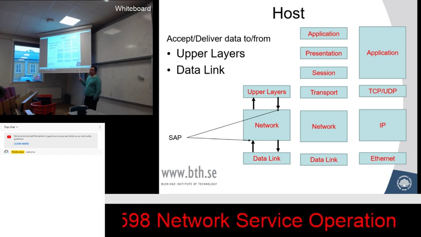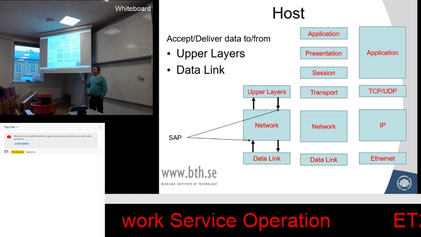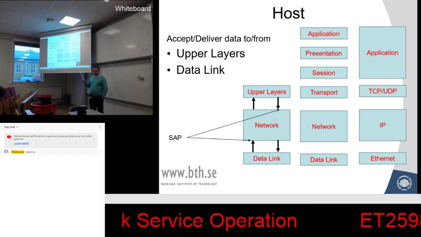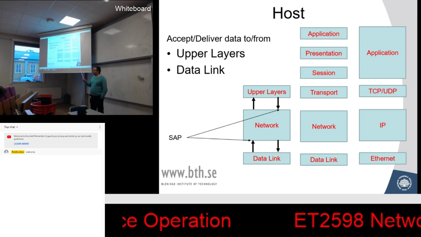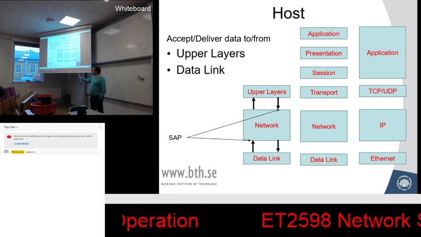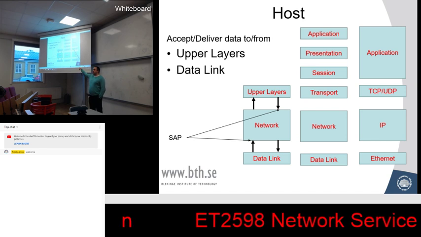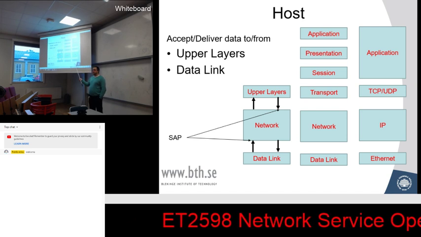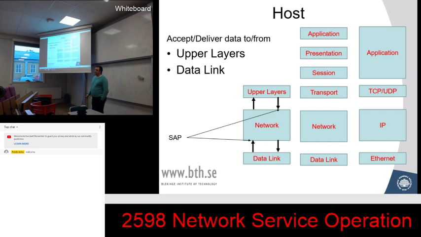Below it, we have Ethernet or whatever data link layer protocol this particular host happens to use. Remember, we try to shield the upper levels from the lower levels, right? But this is how data flows.